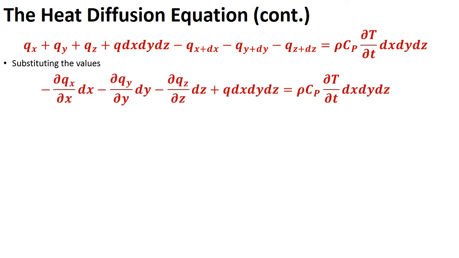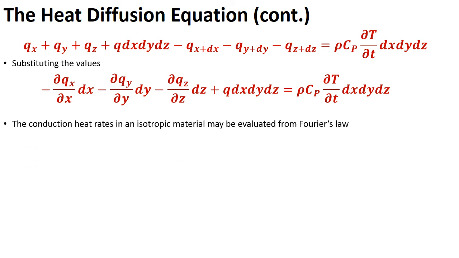When we put the value of heat that goes out of the system using Taylor's series, we will come up with the equation available on your screen: minus ∂Qx by ∂x times dx minus ∂Qy over ∂y times dy minus ∂Qz over ∂z times dz plus q dx dy dz equal to rho Cp ∂T over ∂t times dx dy dz.